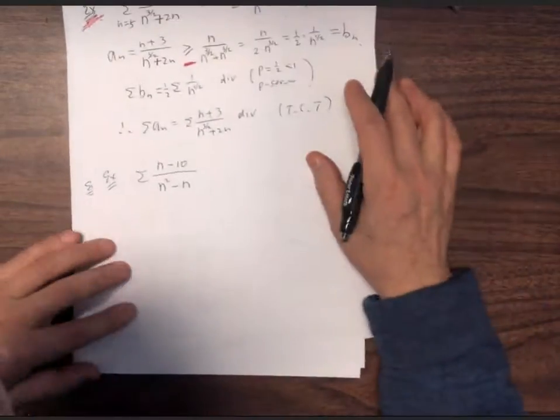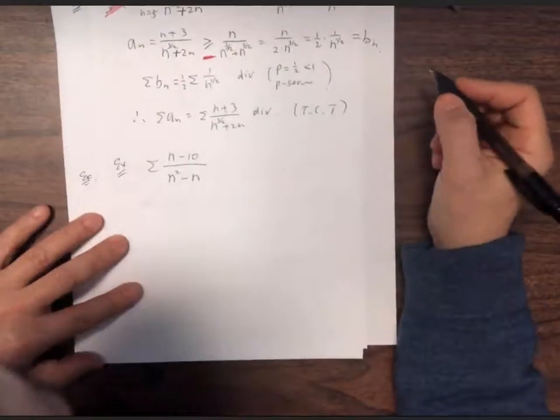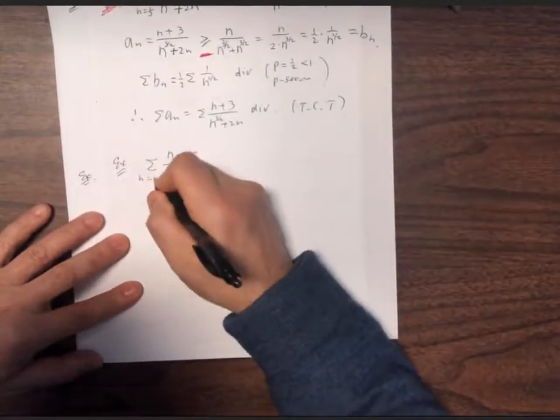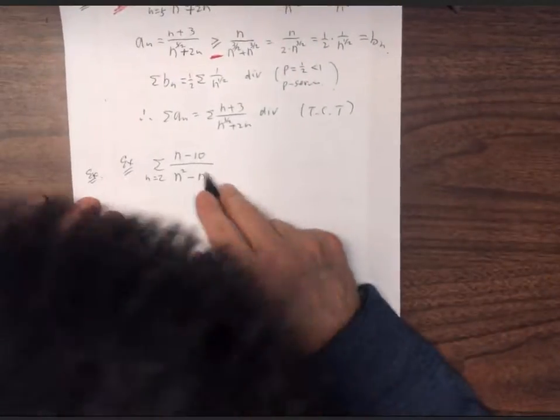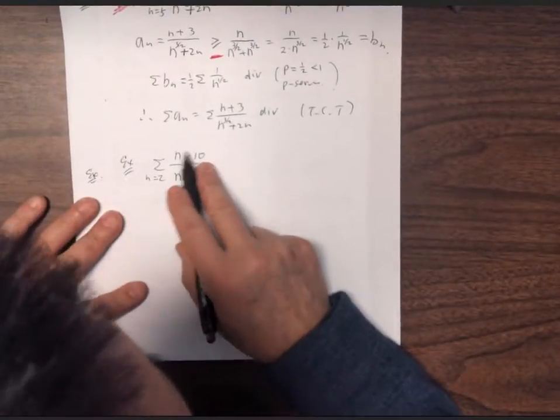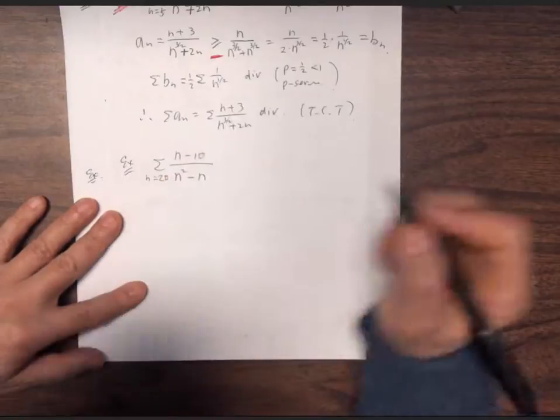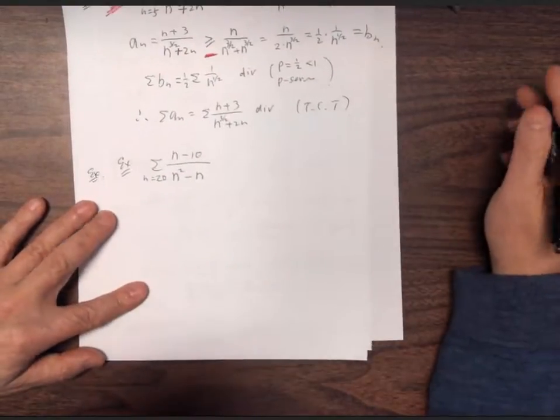Anyway, let's do another example. So I start from 2, so this way the bottom will not become 0. Oh, actually not. We want to make sure everything is positive, right? I start with 20. It's not that important.